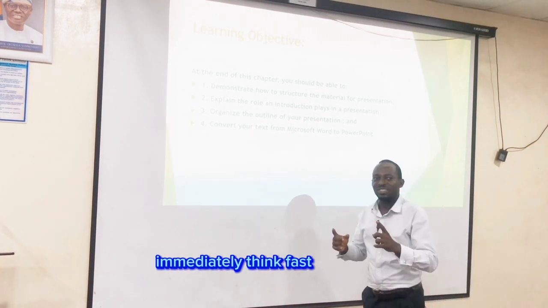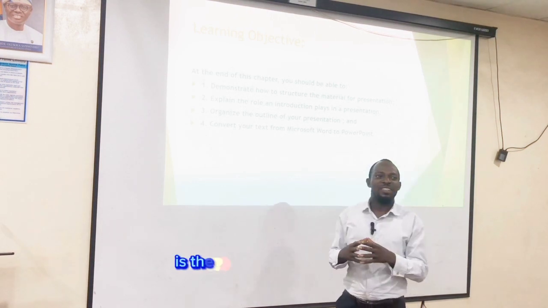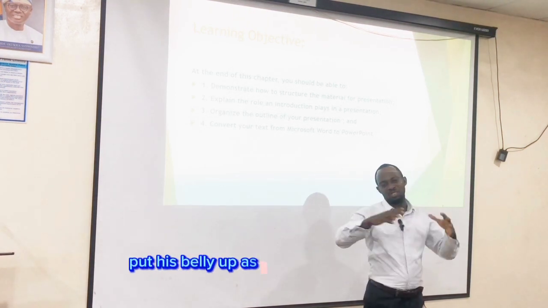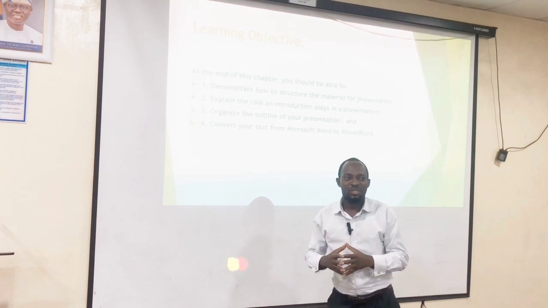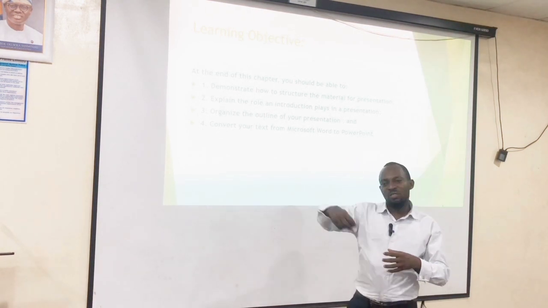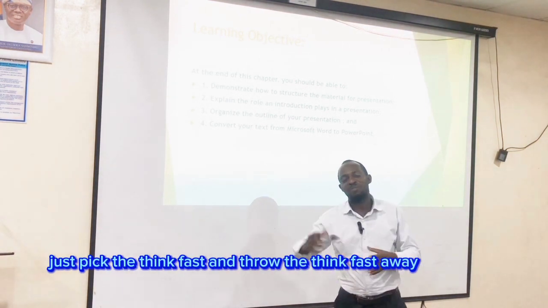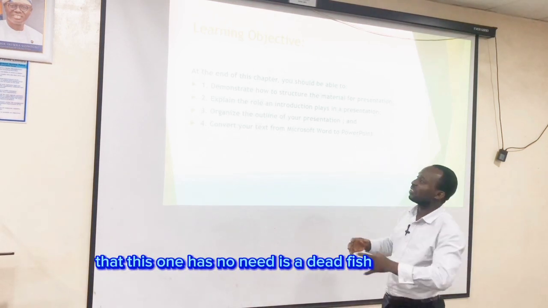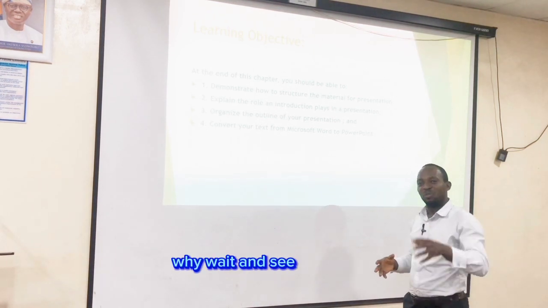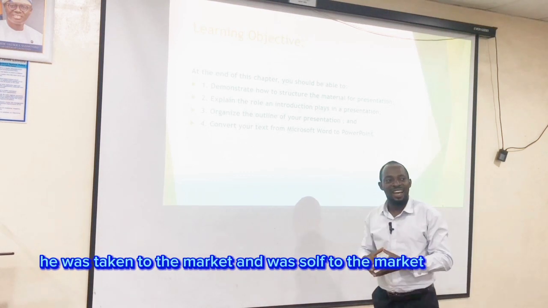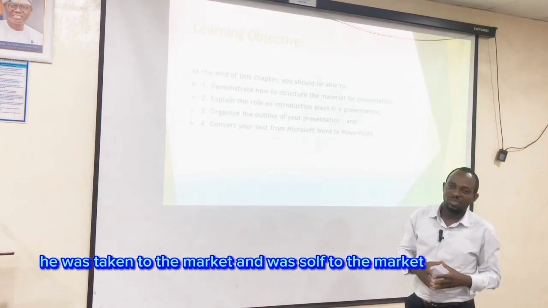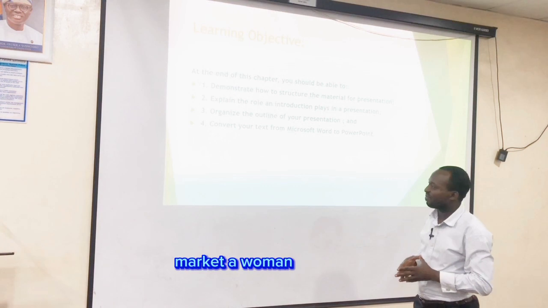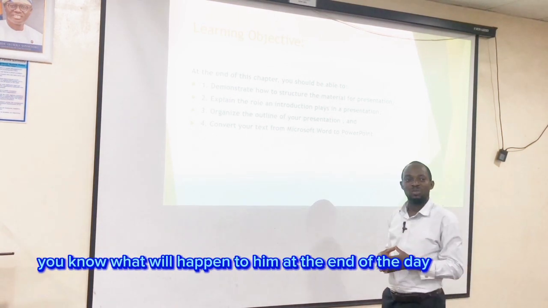Immediately Think Fast turned onto his belly, belly up as if he was dead. The farmer just picked Think Fast and threw him away, saying this one has no use; it's a dead fish. While Wait and See was taken to the market and sold to the market women. And you know what will happen to him at the end of the day.